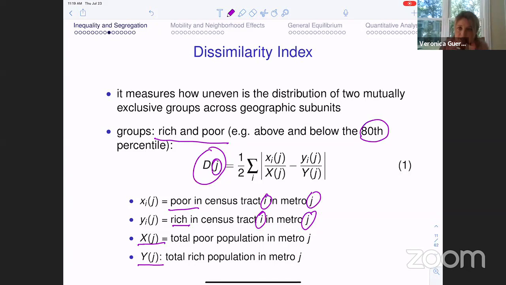It gives you a sense of how spread out the two groups are across different census tracts.